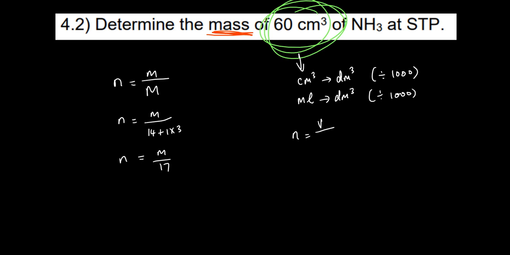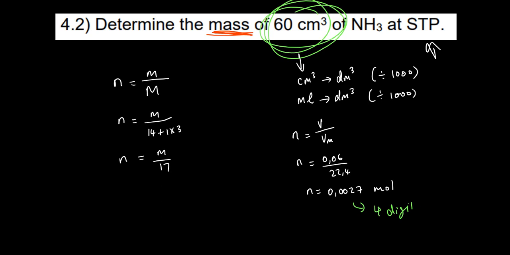I don't know the number of moles, but the volume that this gas is occupying is 60 divided by 1,000, which is 0.06. Remember it's at STP, so we're using 22.4. Then we get the number of moles to be 0.0027 moles. Please round off to 4 digits because it is not the final answer.